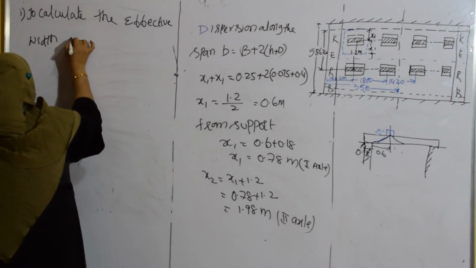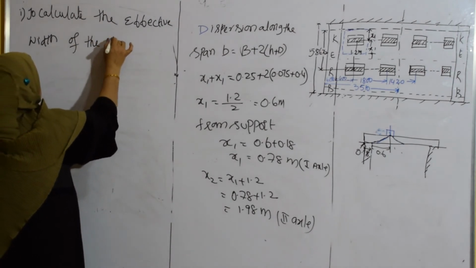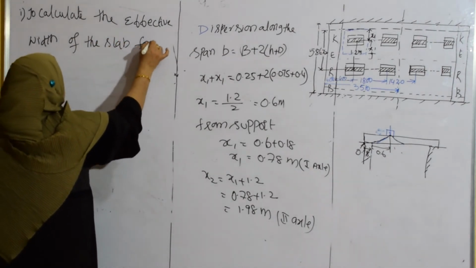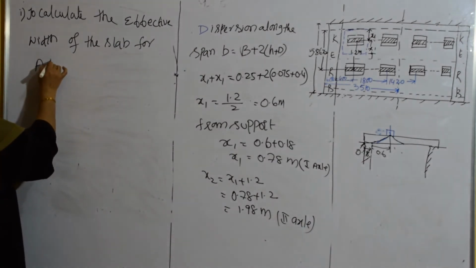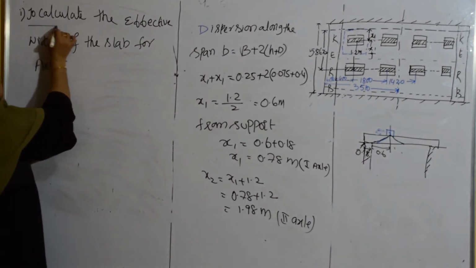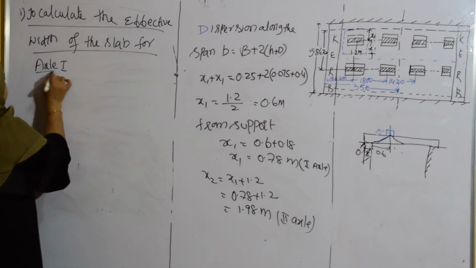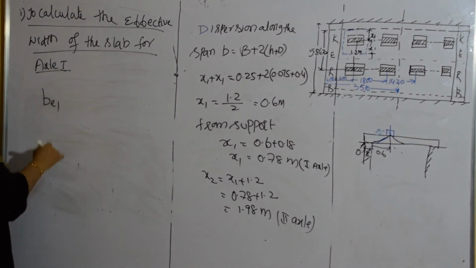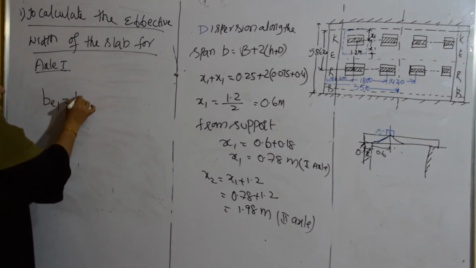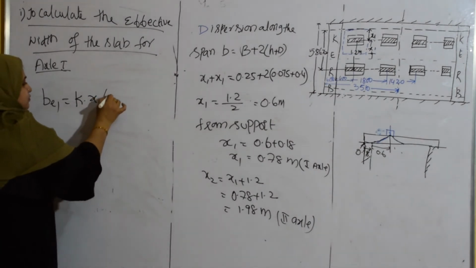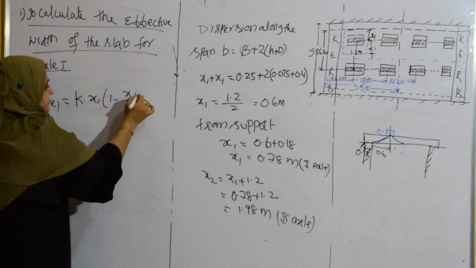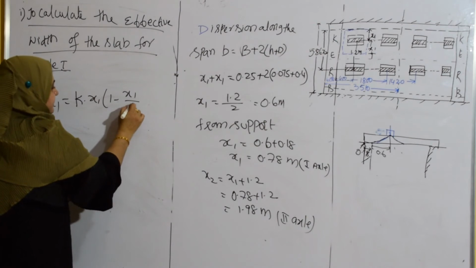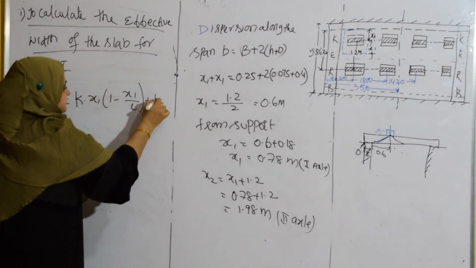Same formula: BE1 equals K x1 into 1 minus x1 by L, where L is small l, plus BW.